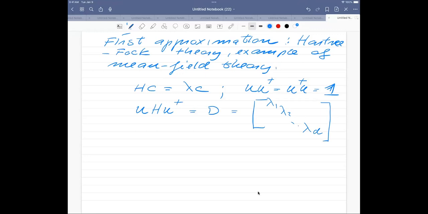So in practice, because you don't know this matrix U, you perform a series of such transformations. So there would be a transformation U of n, U of n minus 1, up to U1. So you do a U of 1, you do a U of 2, and this goes all the way up to U of n minus 1, U of n.